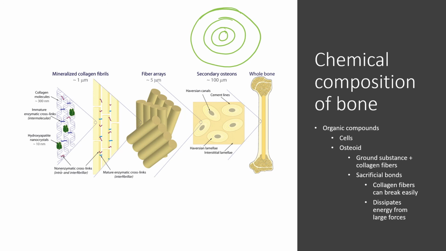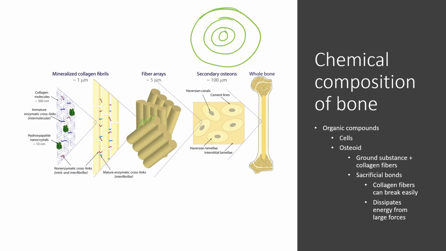What you'll find is that the collagen is laid down in multiple layers at angles against one another. And in between each of those individual collagen fibers, and in between each layer of collagen, you find fibers called sacrificial fibers, sacrificial bonds.